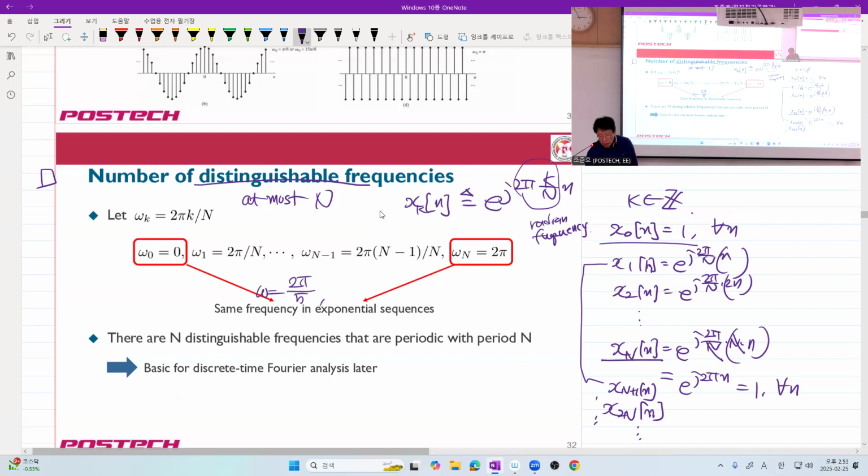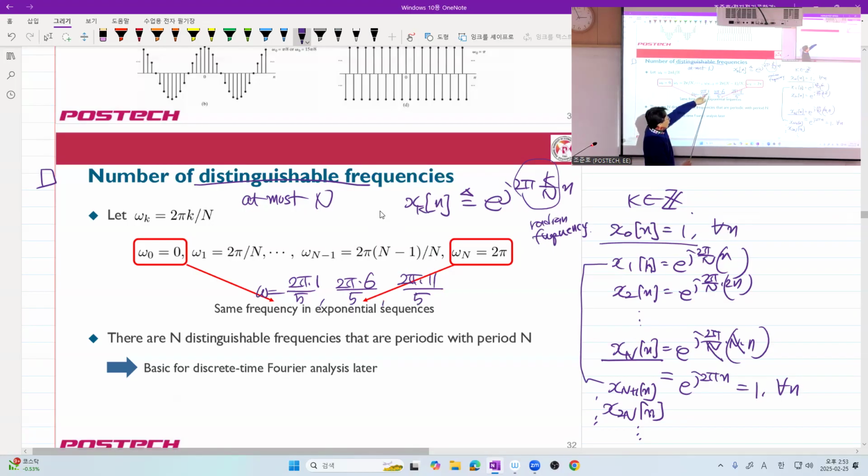So frequency, for example, 2 pi over 5 is actually the same as what? 2 pi over 6? 2 pi over 11? Because this is 2 pi times 1, right? This is 2 pi over 5, but actually it is 2 pi over 5 times 1.